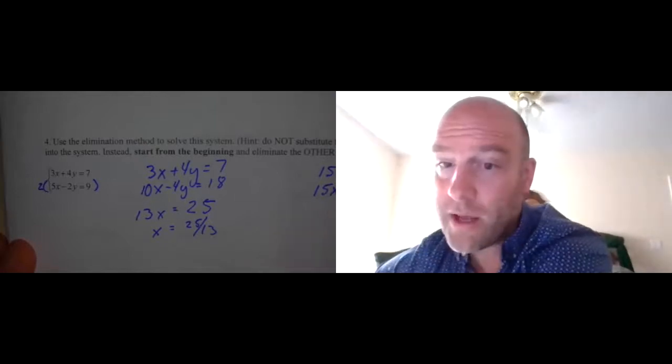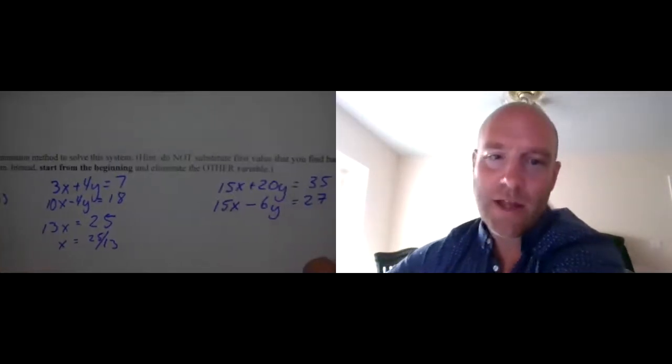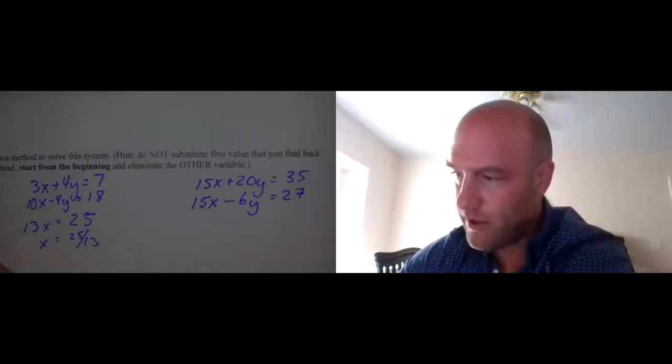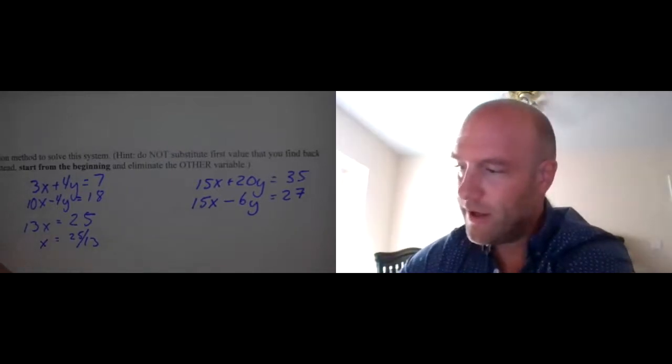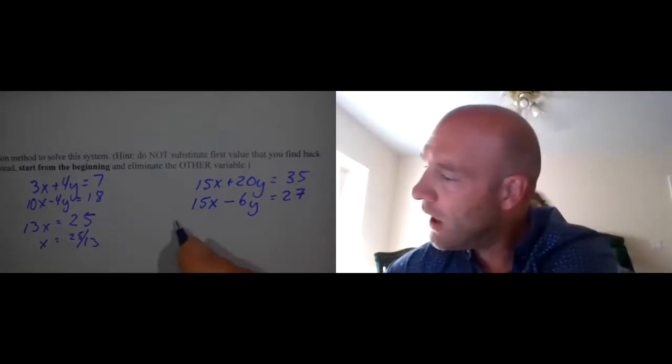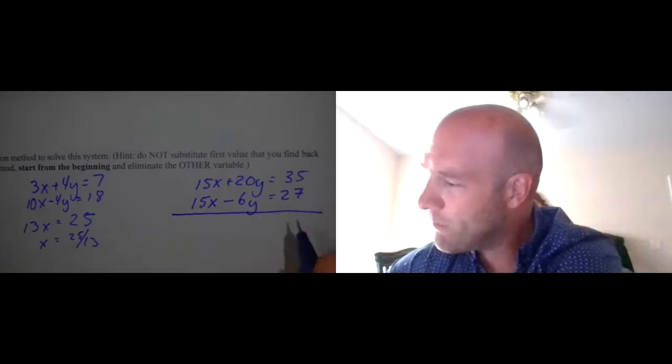If I were programming a computer to do this, that is exactly what I would do. Multiply equation 1 by the second equation's lead coefficient and equation 2 by the first equation's lead coefficient. No thinking required, but it might be a little harder. All right, I'm subtracting.